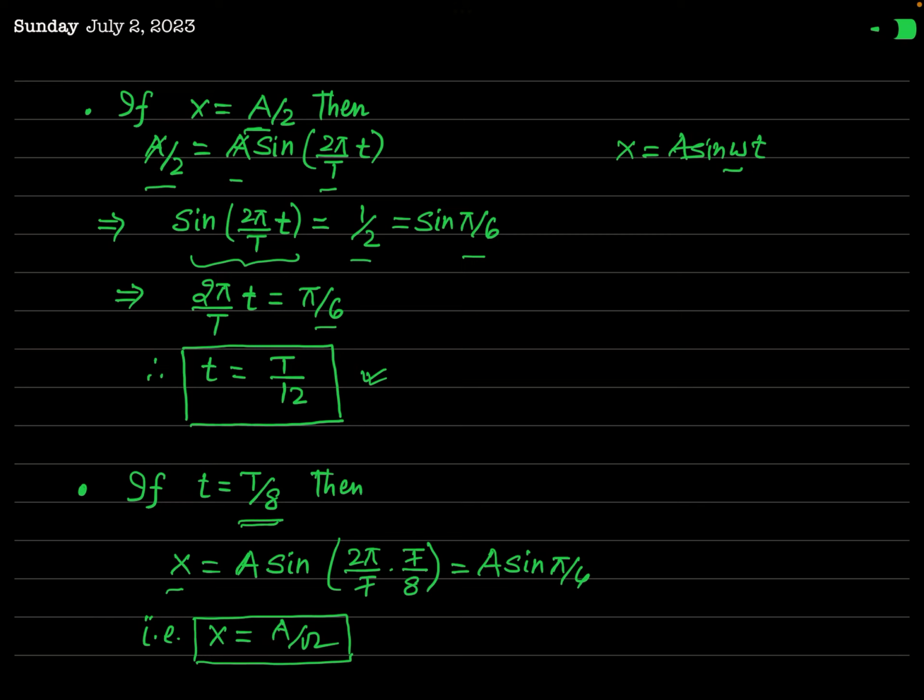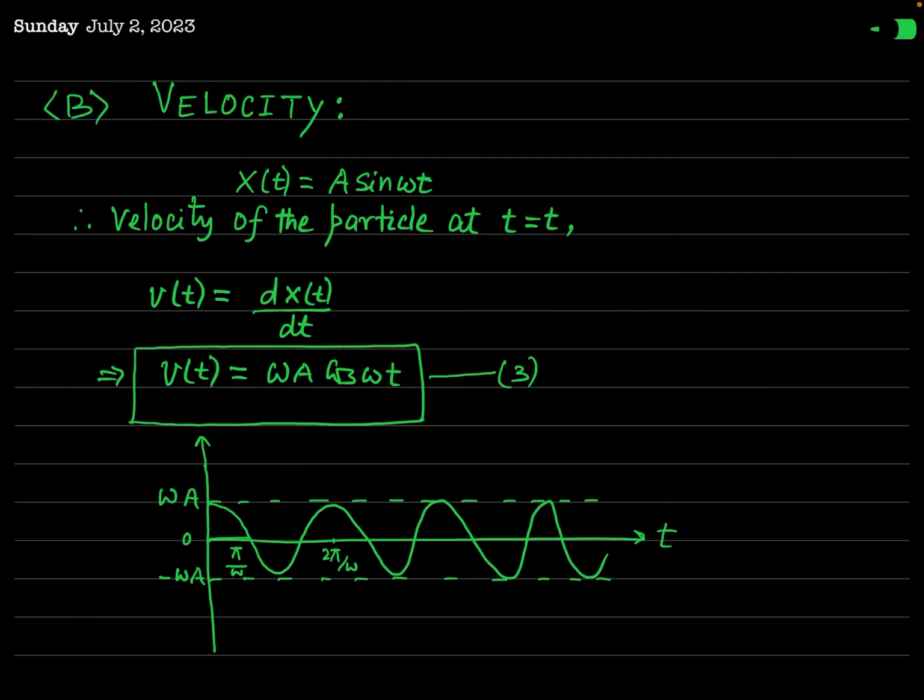And your result is a sin pi by 4. This 2 will also cancel out, here it will be 4. And sin pi by 4 is 1 over root 2. So x will be a over root 2. So you can see, if time is given, we can find displacement, and if displacement is given, we can find time.